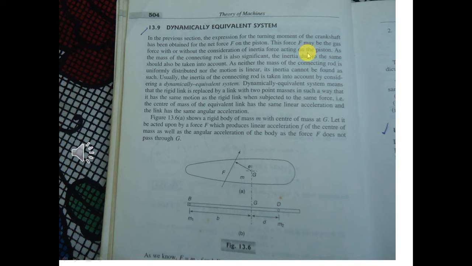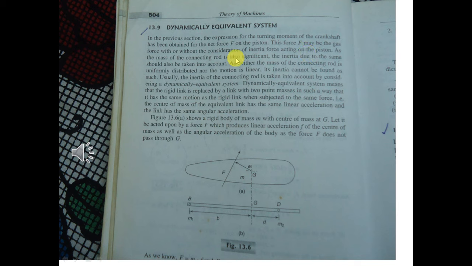If you go back to the previous slides which I gave you during the class hours, a number of formulas were given which talked about the crank effort and the piston effort, for a vertical engine and for a horizontal engine. So this is a slight extension to those topics.